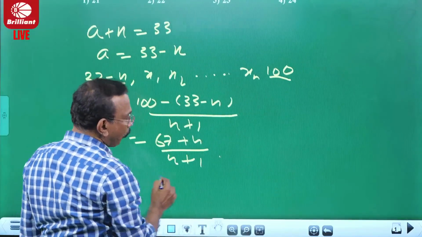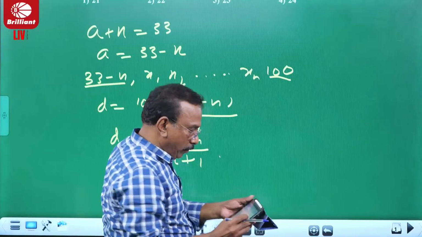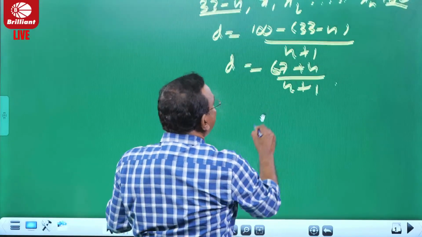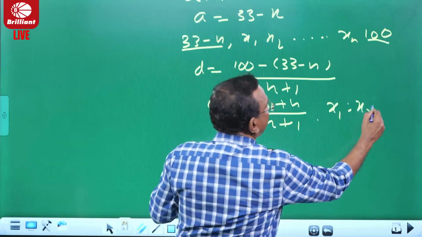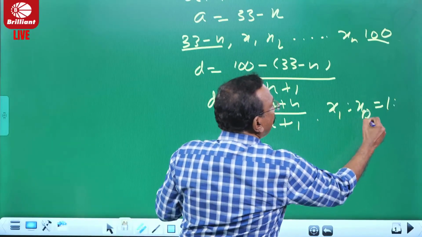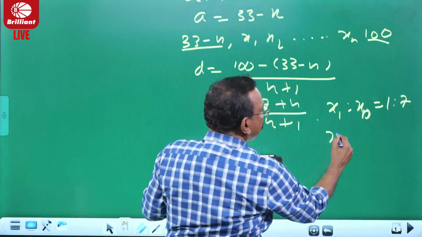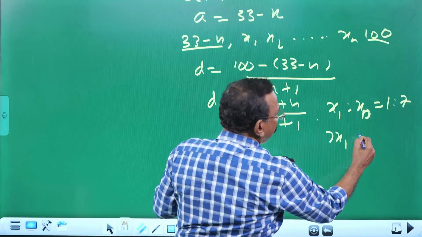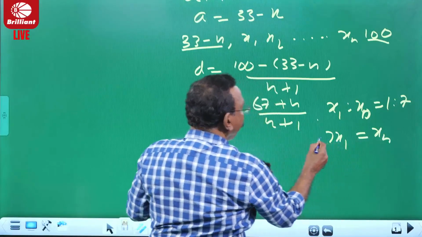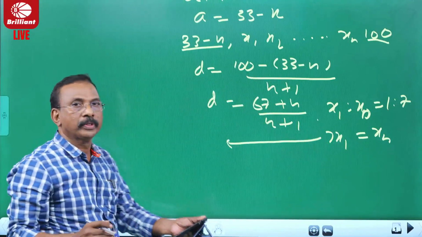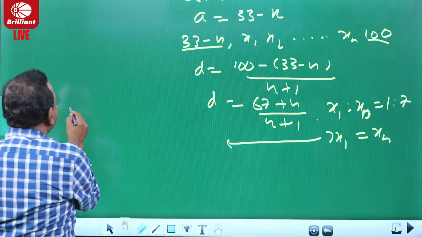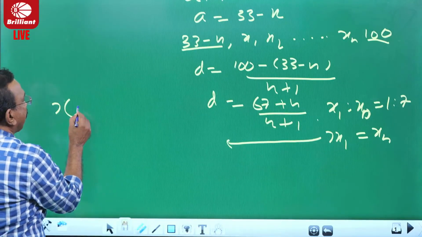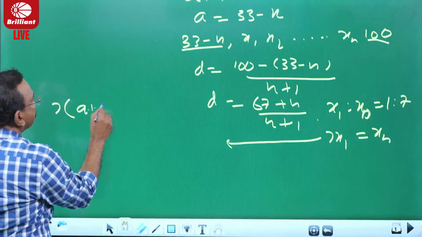And at the same time, you can see x1 to xn is in the ratio 1:7. Therefore, 7x1 is equal to xn. This equation we can use with 7 into the first term, which is a plus d.